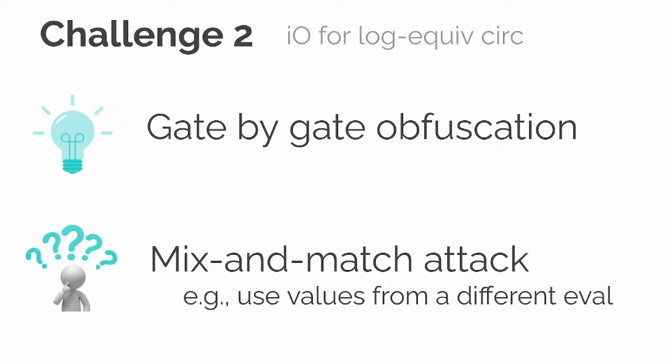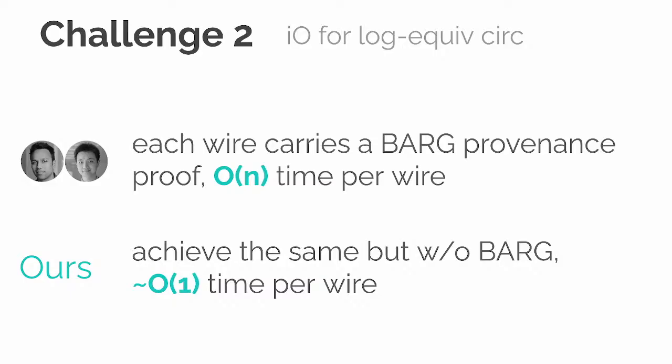And when you try to obfuscate the circuit gate-by-gate, there's an important attack called the mix and match attack. The attacker can take values from 2 different evaluations and mix them together, and this can cause information to leak. So in order to prevent the mix and match attack, Zhenzhong and Abhishek's paper uses BARK.